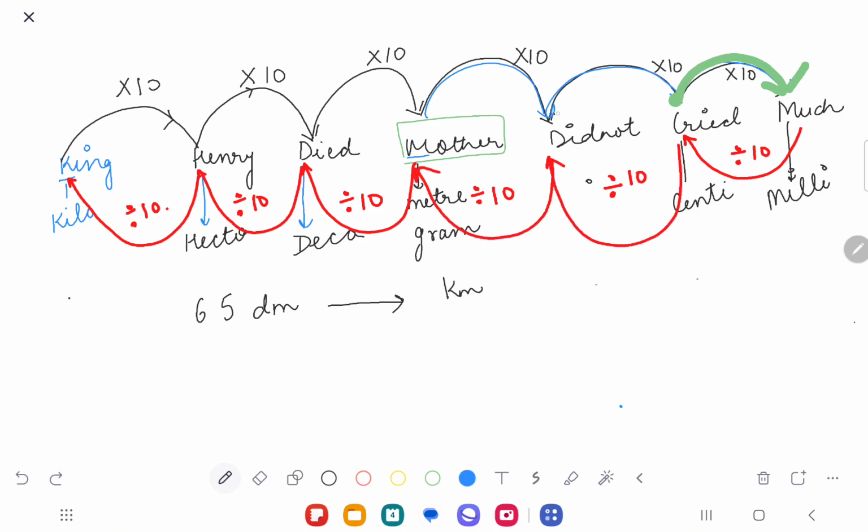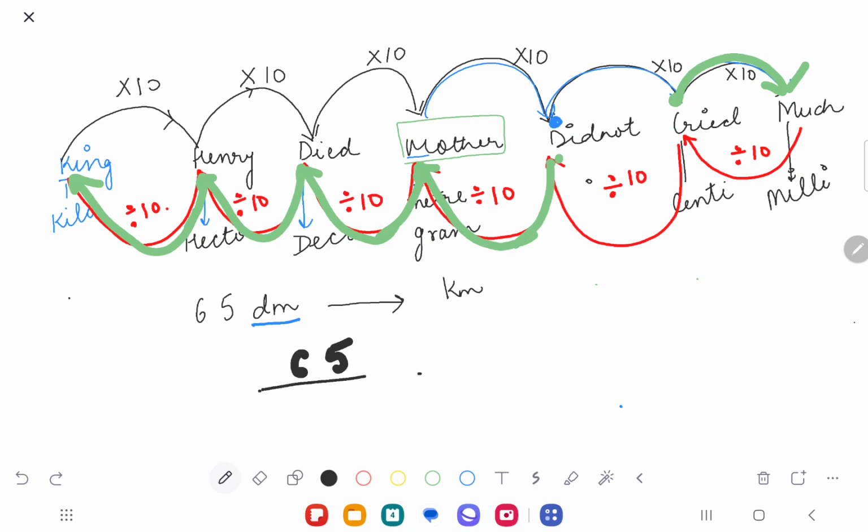We are right here. We are at decimeter. And from decimeter to kilometer, how many steps do you think we have to move backward? One step, two steps, three steps, and four steps. Four steps. So every step is division by 10. So my answer shall be 65 divided by what? 1, 2, 3, 4, 10,000.